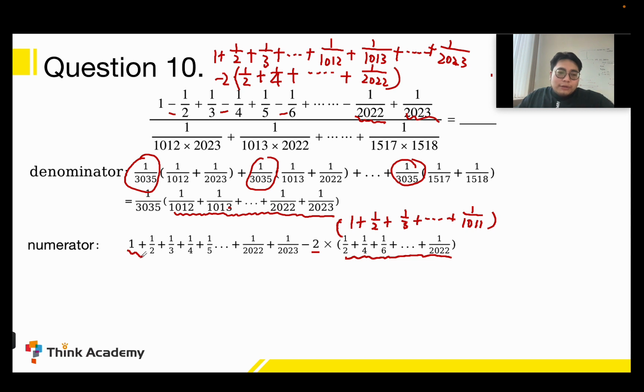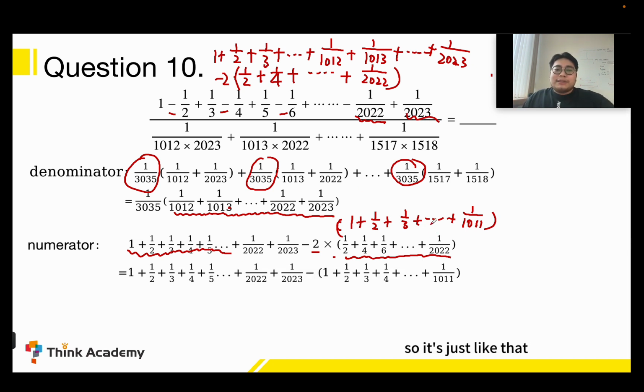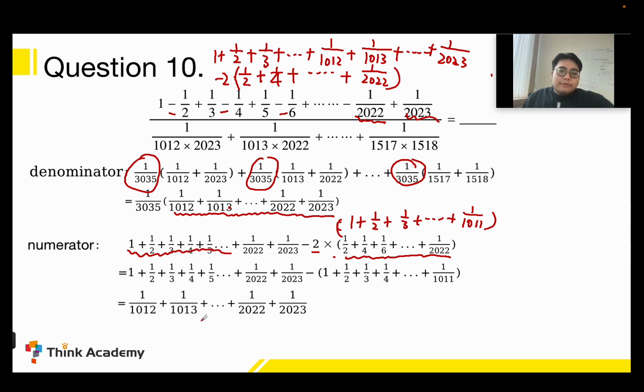Wait, so we still have some same part before that. So we can cancel the same part here. So it's just like that. What's the remaining part? From 1 over 1012 to 1 over 2023. You see? This part and this part.